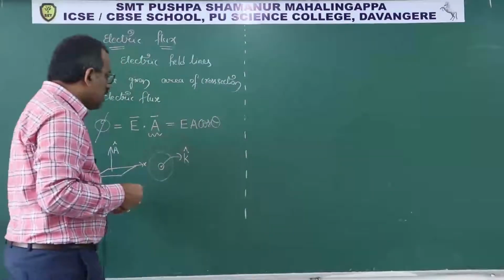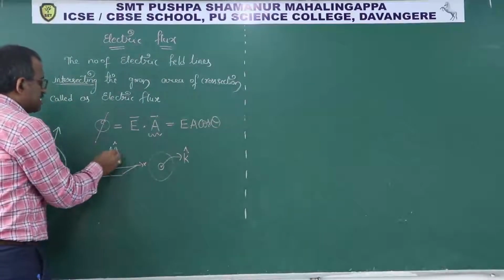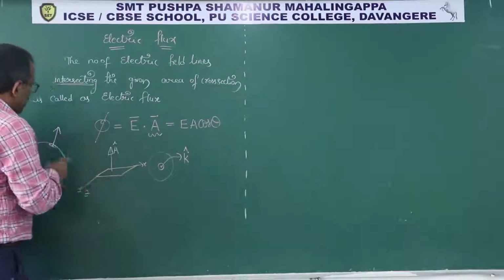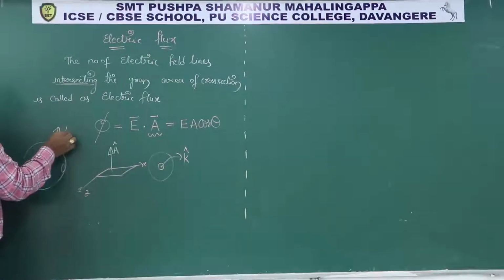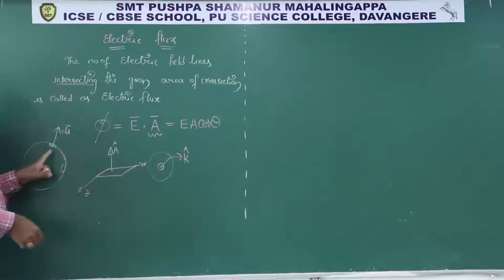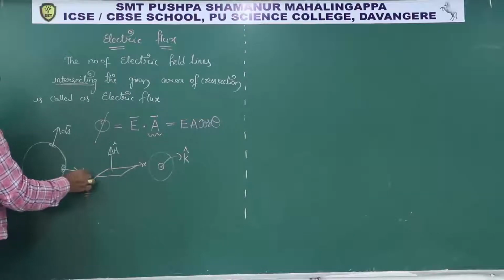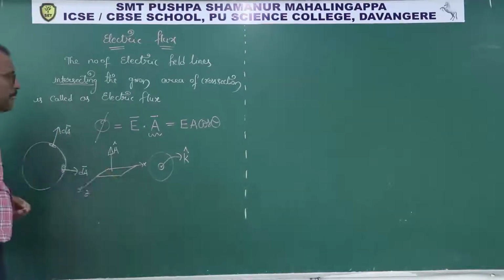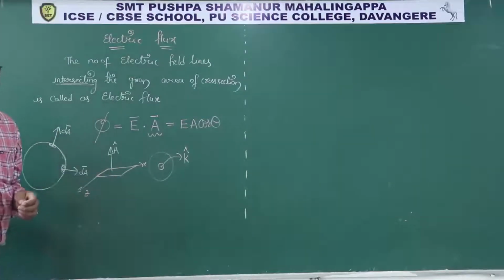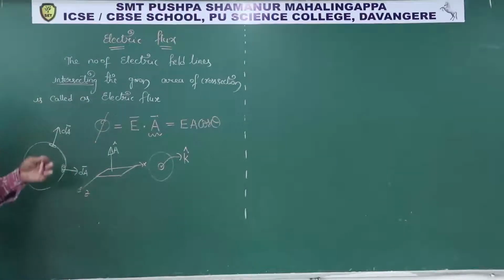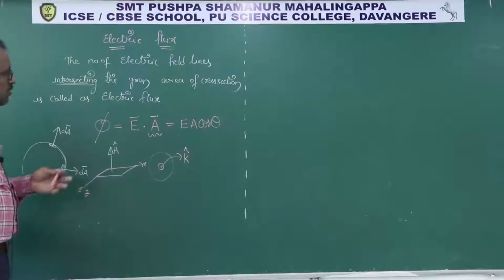It is exactly like this. Clear? So here for this patch, the area vector is dA bar, because that is the smallest one. Even here the area vector is dA bar. Is it clear? So this is how you can analyze.